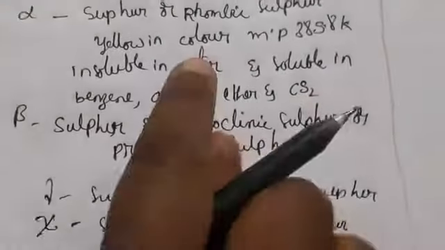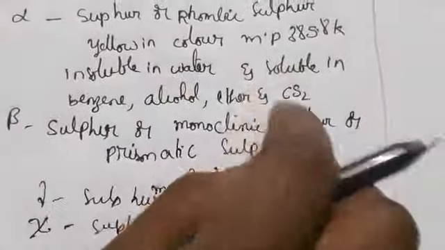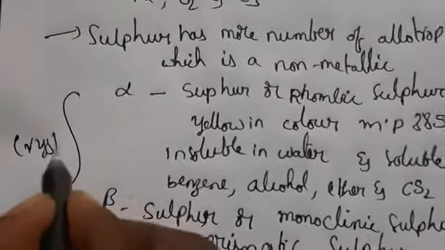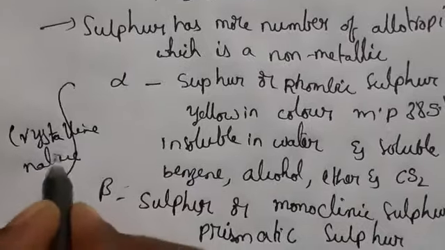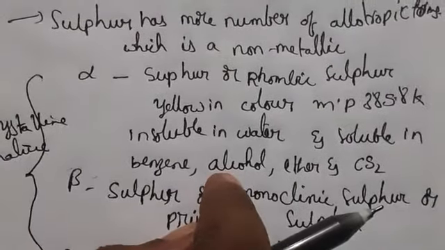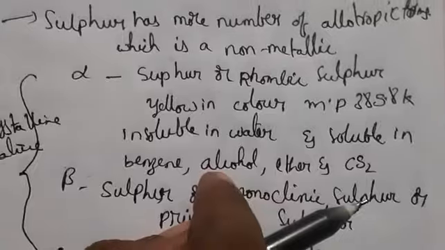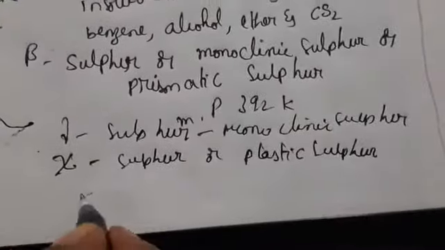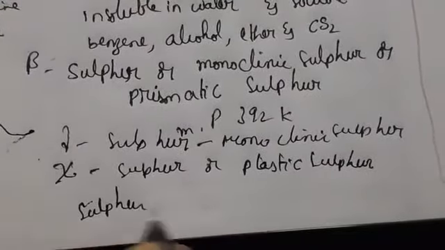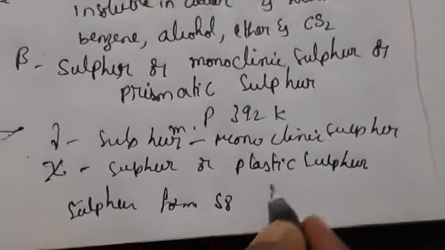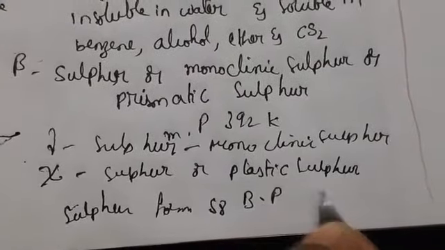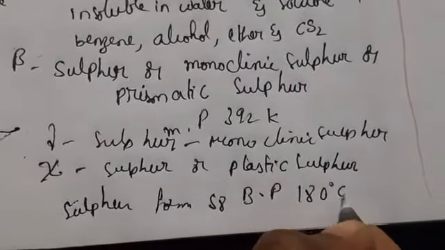Alpha, beta and gamma are all crystalline in nature and form puckered structures, that is S8. Sulphur forms the S8 structure, which has a boiling point of 180 degrees centigrade.